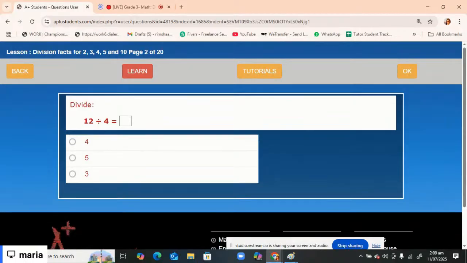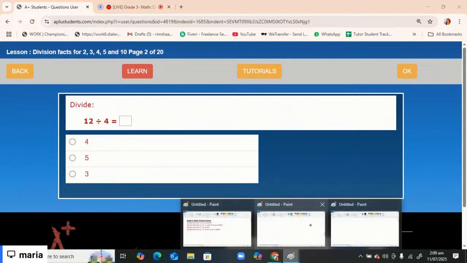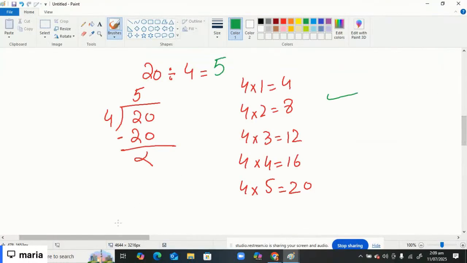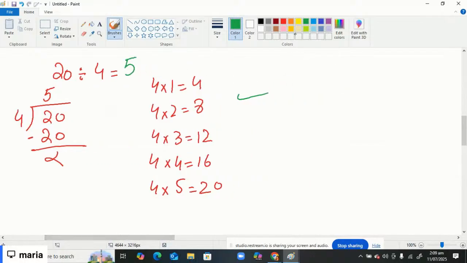Okay, now you guys tell me the answer of this one. 12 divided by 4. Look here, the table of 4 is already written. Now you guys tell me the answer of 12 divided by 4. Just put 12 inside, 4 outside. Now what is the answer of this one? Everyone tell me the answer.